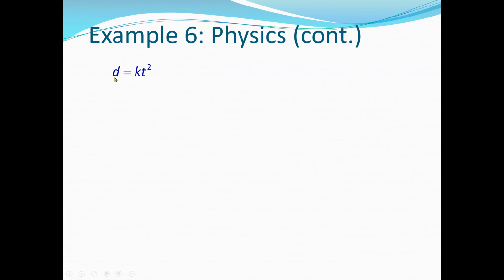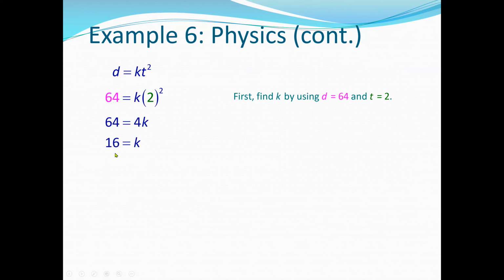Now, if we know this D equal to KT squared, now we look for K. The condition says 64 feet in 2 seconds. So we substitute this value. Now we are looking for 3 seconds. So if we find the value for K to be 16, we can now use the same formula.